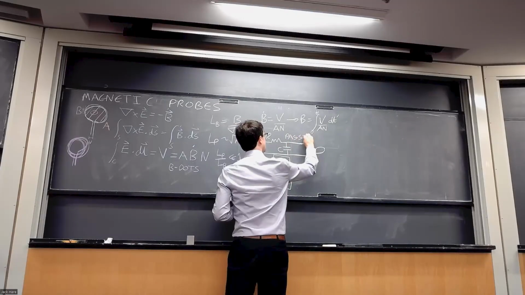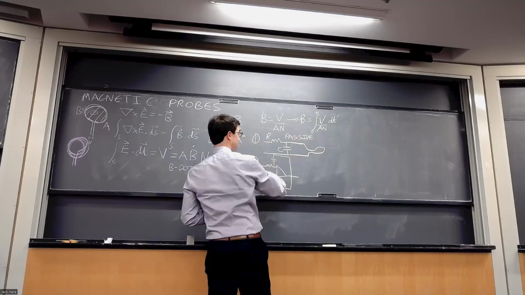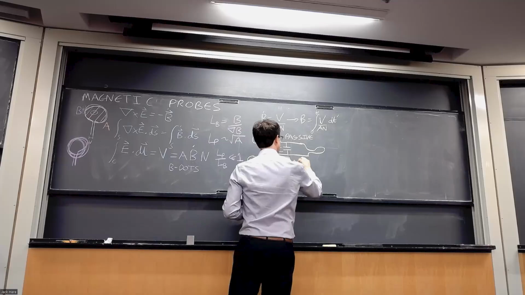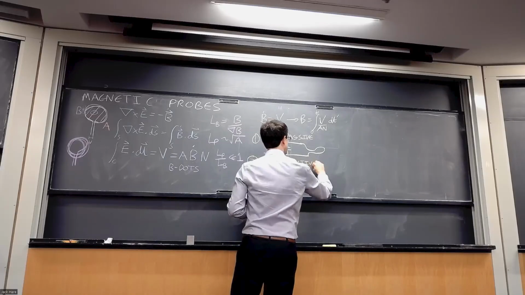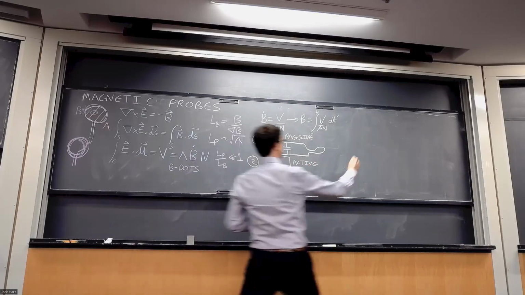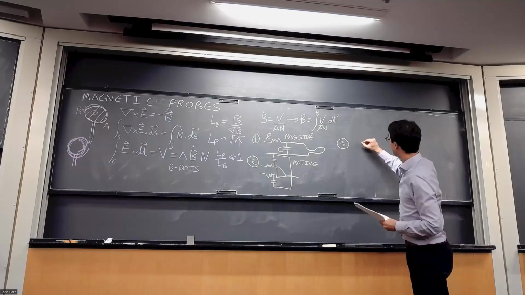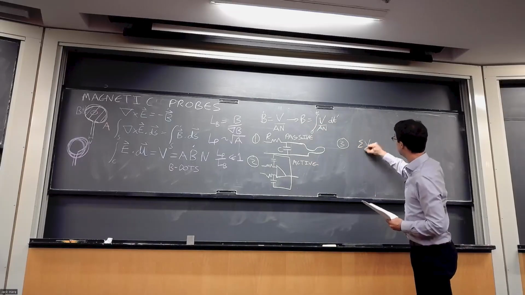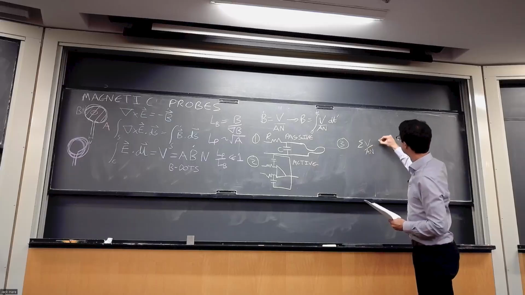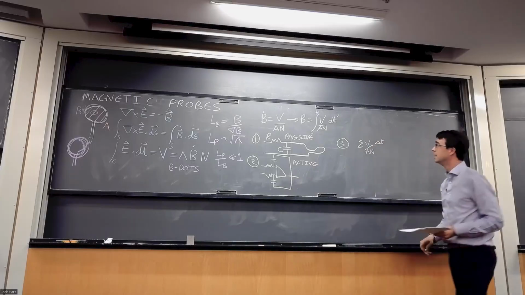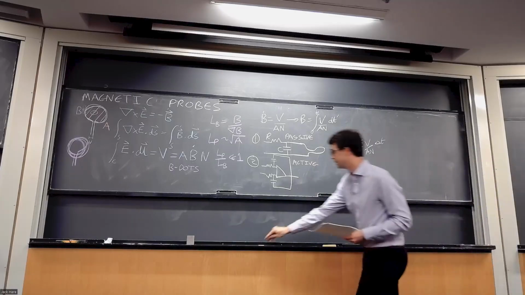It has no electrical components that require power, and this is an active system. And of course, the third way you can do this, especially these days, is simply take this signal and do it digitally, right? So we can just sum up V over AN times delta T, where delta T is whatever your time base is.